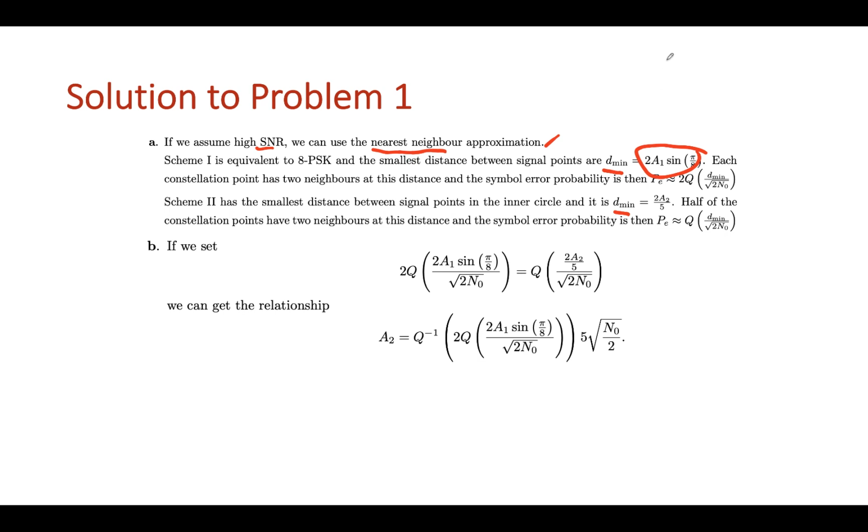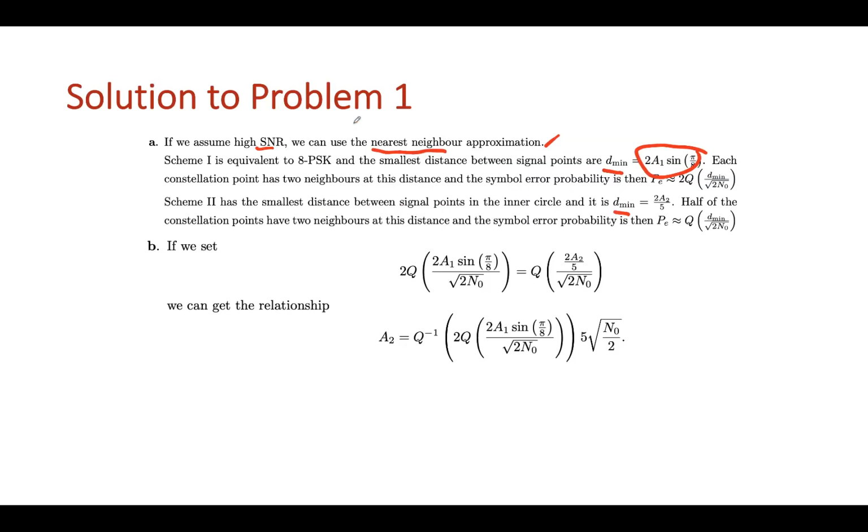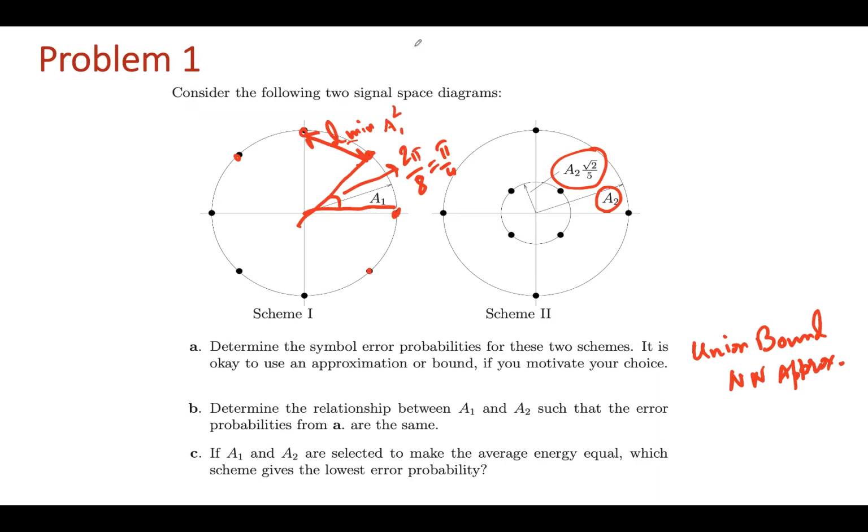Okay, so d min, this distance is basically given by 2 a1 sine of pi by 8. Okay, so you can easily calculate that. You can see that this distance is a1 and this half of this is half of d min.